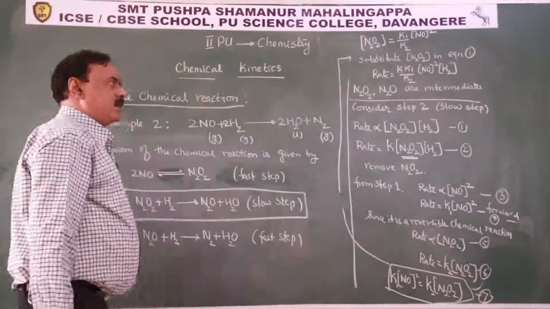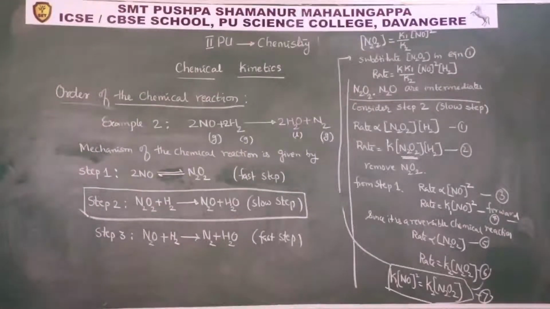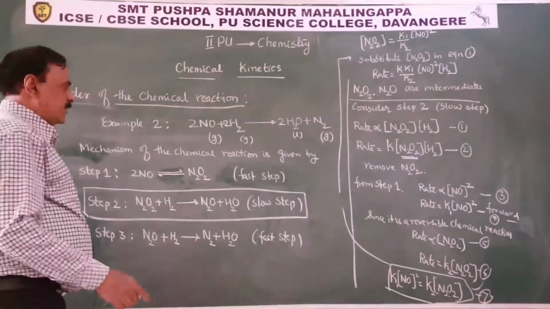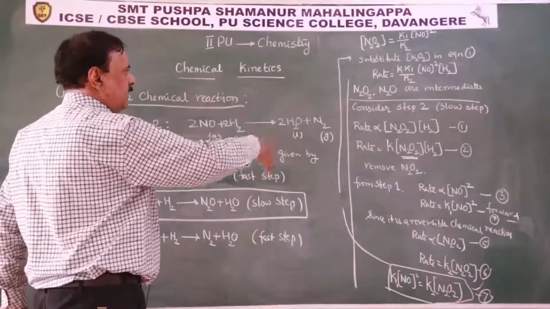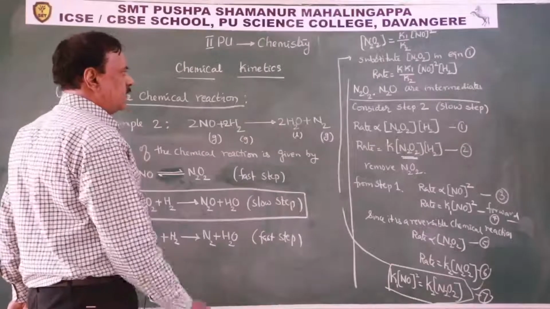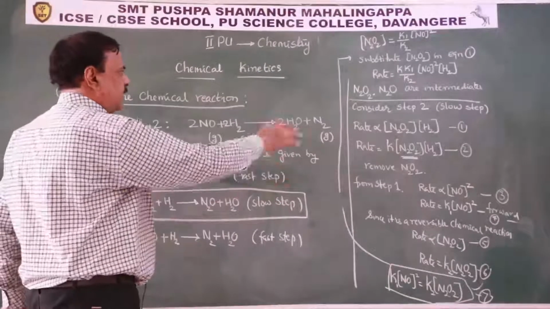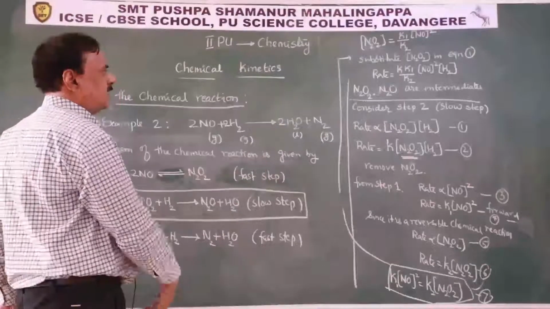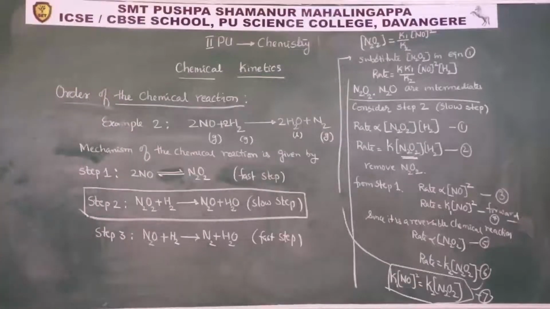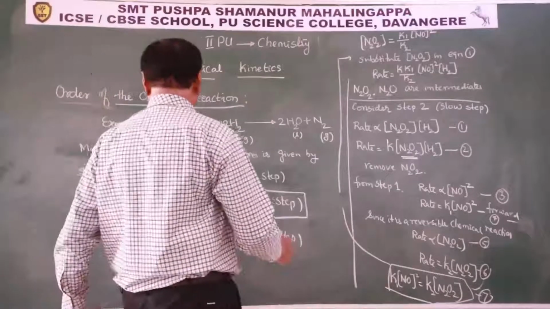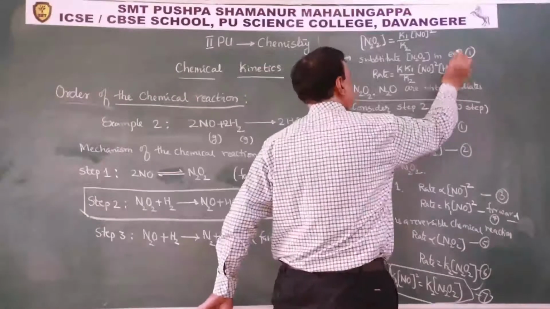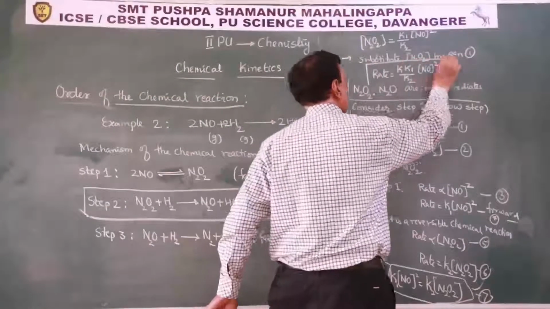Rate is equal to k into K1 by K2 into NO to the power of 2 into H2 to the power of 1, because the intermediate N2O2 is removed from the rate equation. That is the objective of removing N2O2 by rearrangement of the equations. This is very important.